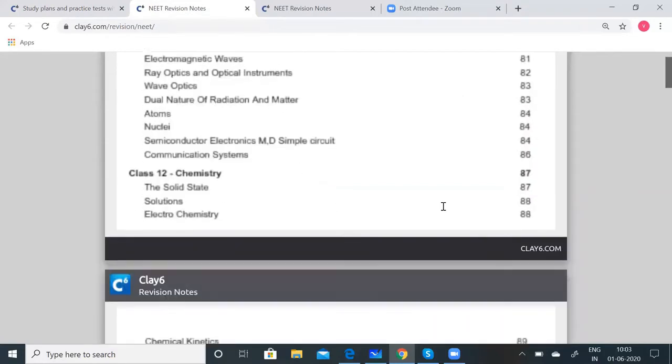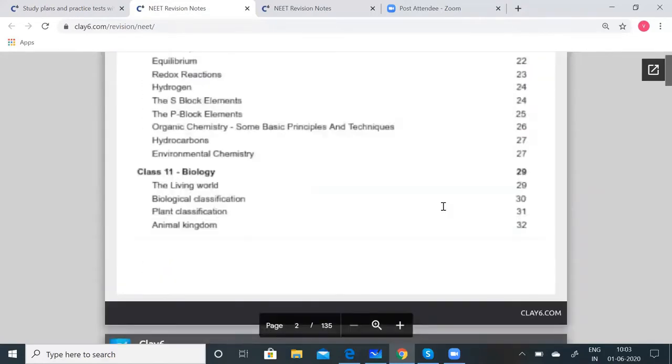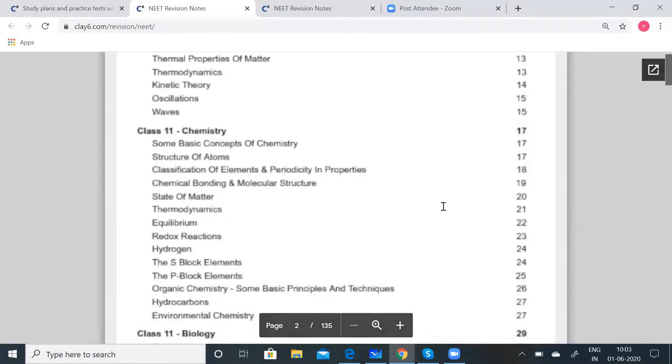You can go through this. And then once you are thorough with all the concepts and ready for the test, you can take the tests and practice them more than one time.